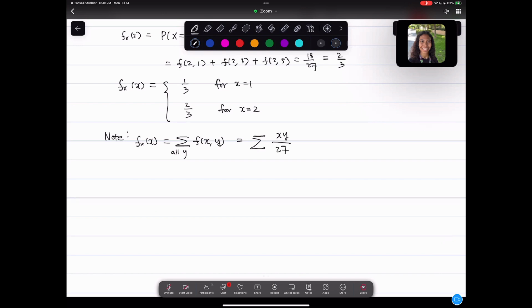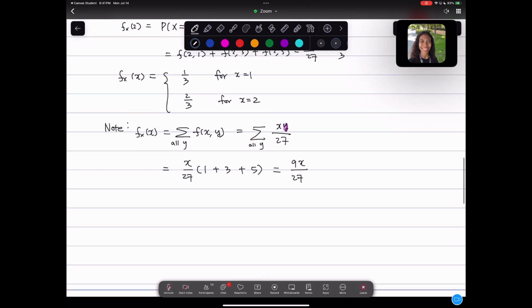And I want all these y values for any given x, and y value is either 1 or 3 or 5. So I'm going to be adding, in this case, x over 27, your y value can be 1, so that should be x and 1, and then x and 3, and then x and 5. So I'm getting the 3 xy pair in that way. So I'm getting 9x over 27, which is x over 3.